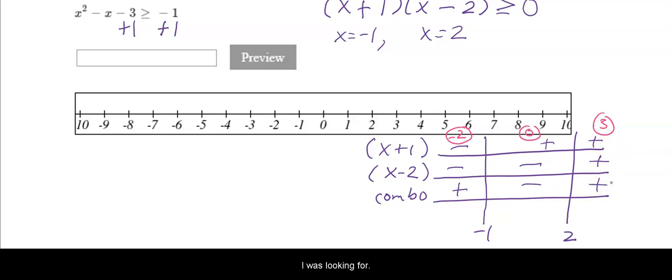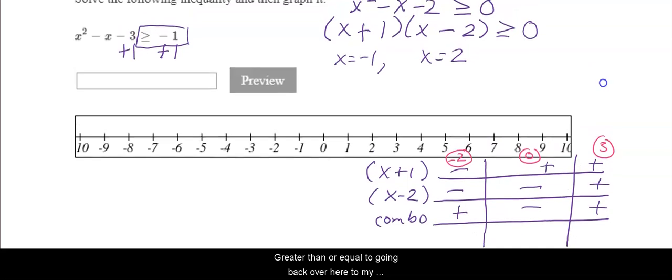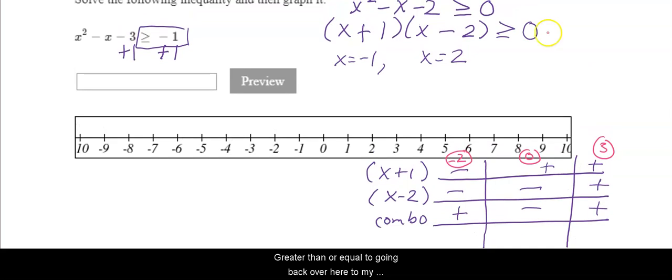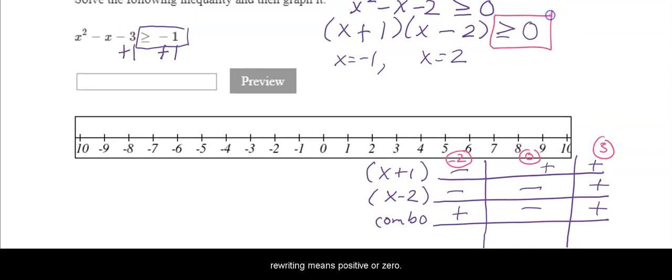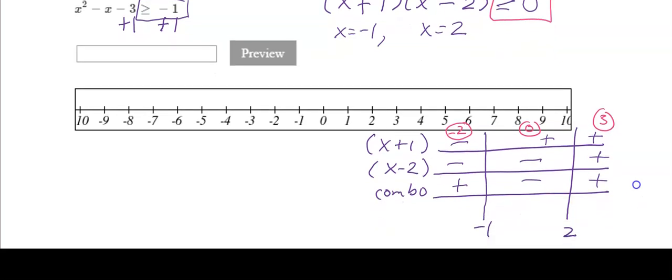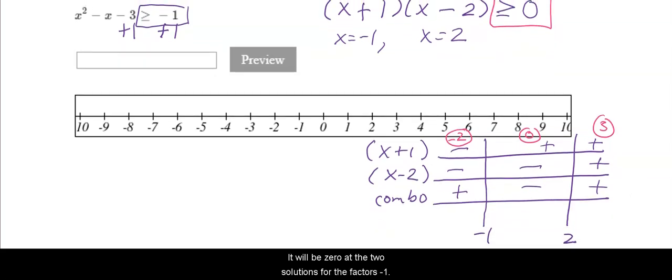I was looking for greater than or equal to. Greater than or equal to, going back over here to my rewriting, means positive or 0. It will be 0 at the two solutions for the factors, negative 1, solid ball, and 2, solid ball.